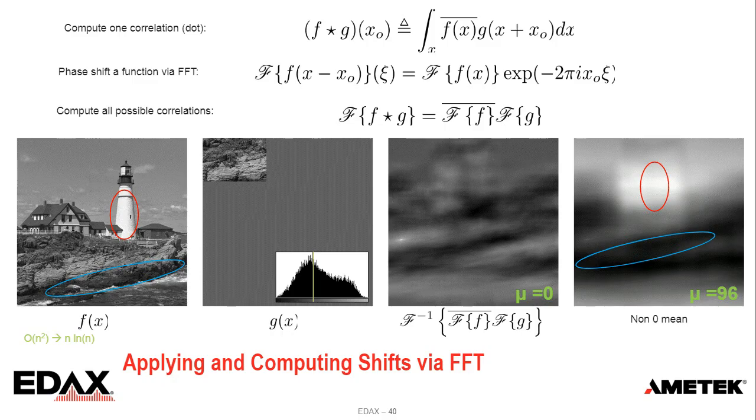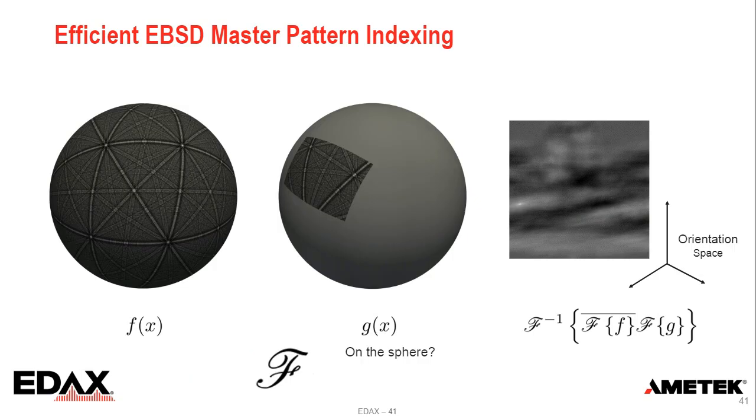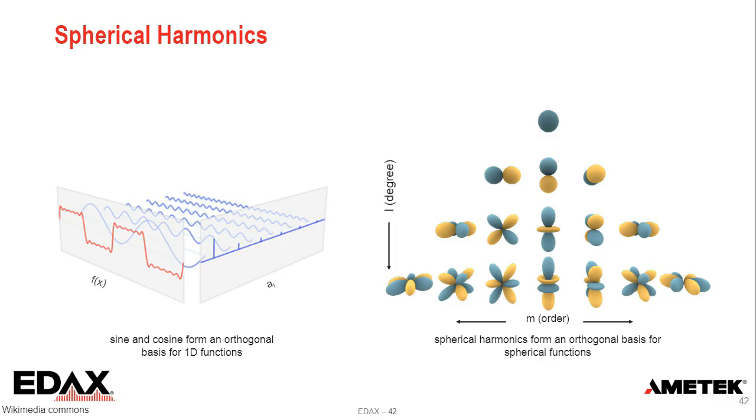So the question is, can we apply this to orientations, which instead of being a translation in 2D is a rotation in 3D? Is there some frequency type approach that works the same way, where now our master image is the master pattern from the forward model, and the search template is our back projected detector image? And the answer is yes, but it uses spherical harmonics.